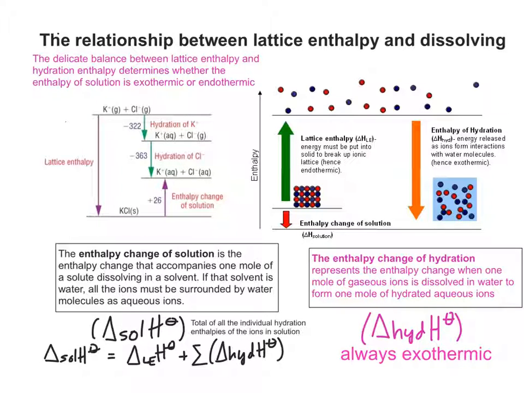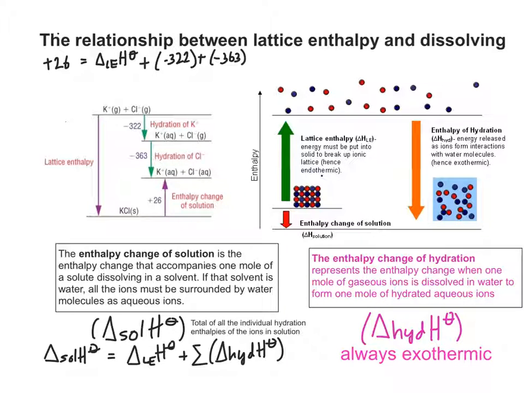You may well have noticed on this particular Born-Haber cycle, we don't have the lattice enthalpy given. This would be an example that they might give you in an exam to get you to work out the lattice enthalpy using the equation at the bottom of the screen. So let's have a go at that. I've inserted the values in.